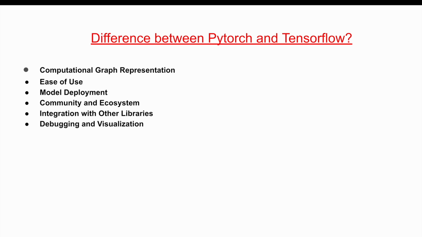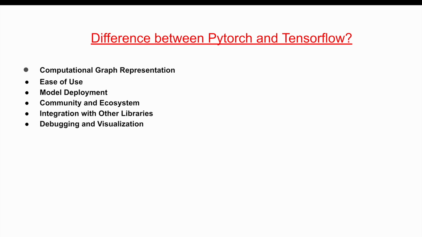And one thing to know about TensorFlow is that it primarily uses a static computational graph, which we saw earlier on in this video, where the graph structure is defined upfront and then executed. This approach can offer optimizations for performance and deployment.